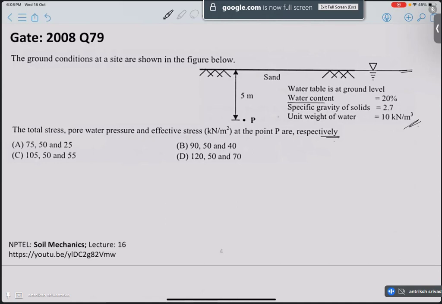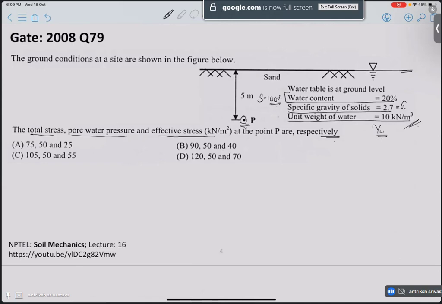Water content of the soil is 20%, corresponding to saturation, so the degree of saturation is 100%. Specific gravity of solids, the capital G, is 2.7. Unit weight of water, gamma W, is 10. We are asked for the total stress, pore water pressure and effective stress at a point which is 5 meters below the ground surface.